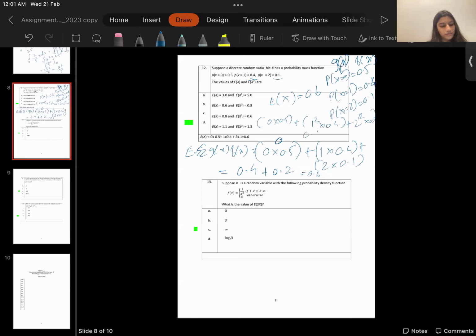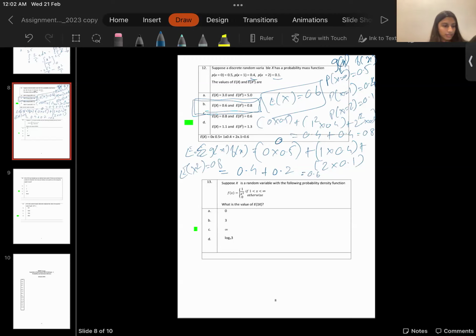So this is 0.4 plus 2 square is 4, 4 into 0.1 is 0.4. So 0.4 plus 0.4 is equal to 0.8. So yeah, this answers your question. E of x is equal to 0.6, and expectation of x square is equal to 0.8. Yeah, so option B is your answer.